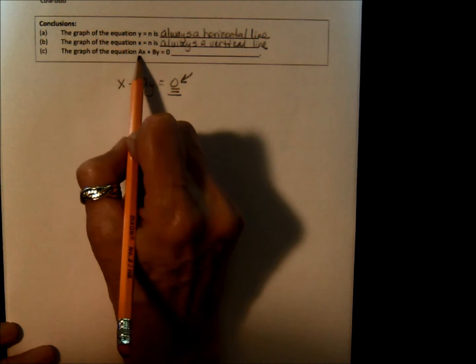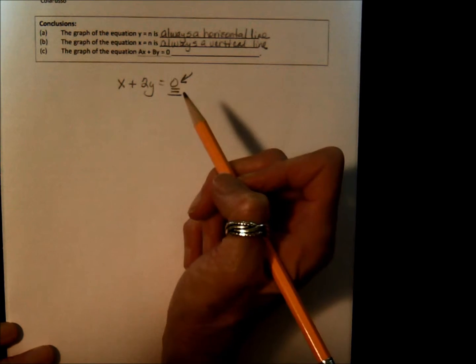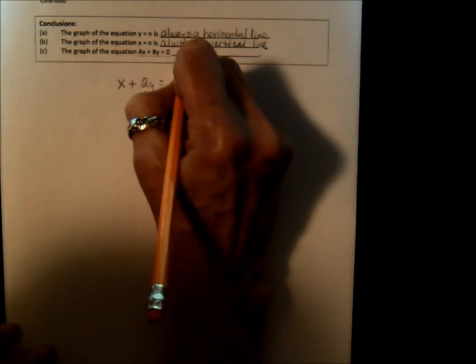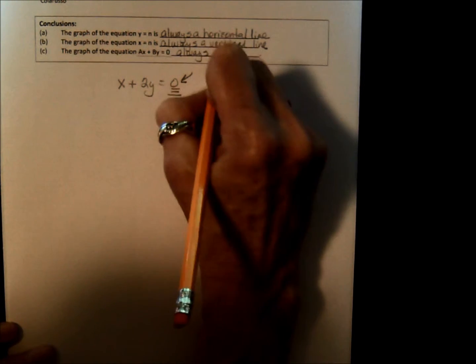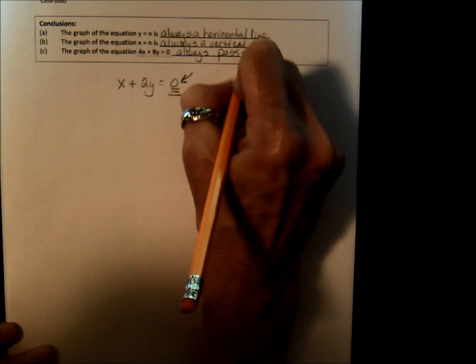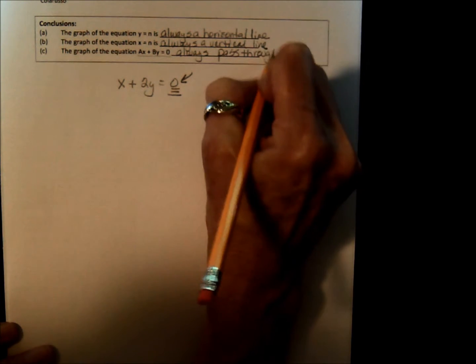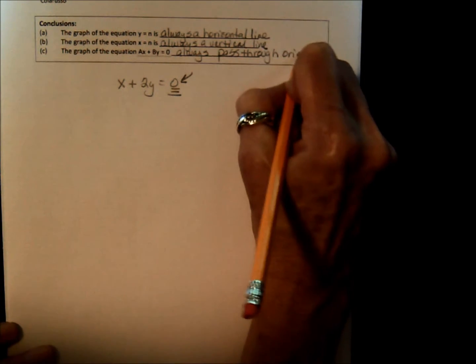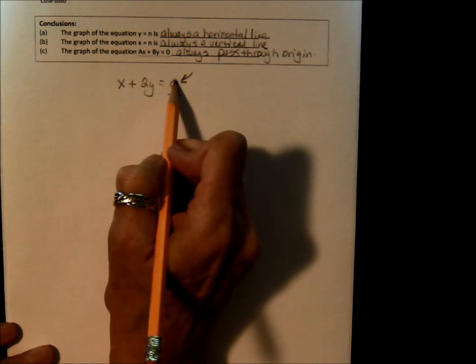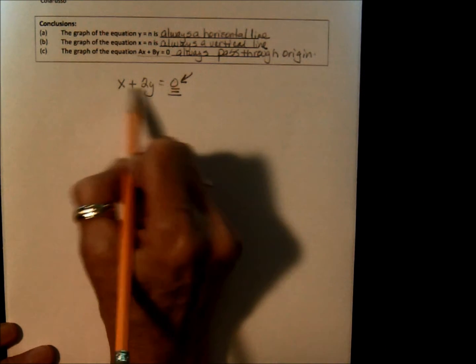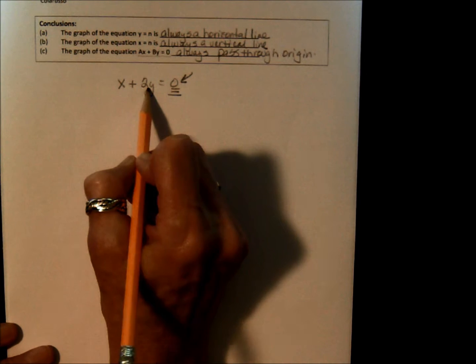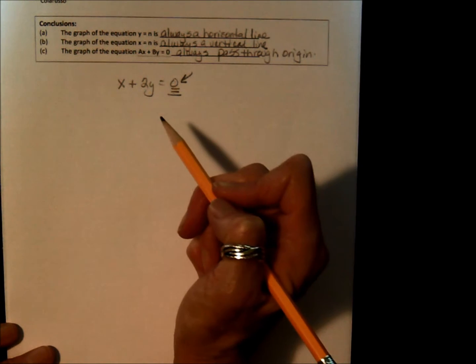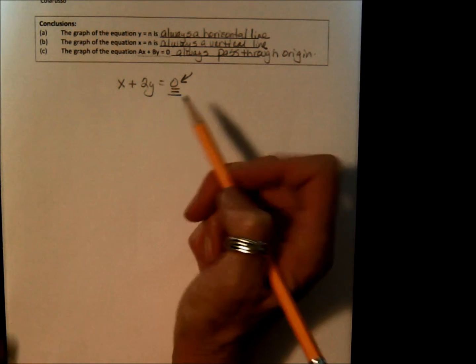That 0 right there, it is an equation like ax plus by equals 0. What that means is it will always pass through the origin. So when you have an equation that is equal to 0, if it's a linear equation in two variables, first degree, then you will always see that that equation, when graphed, passes through the origin.